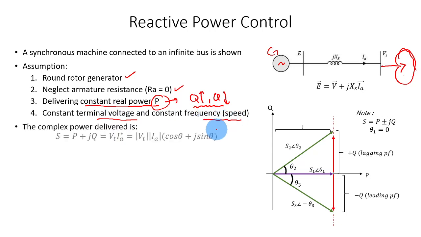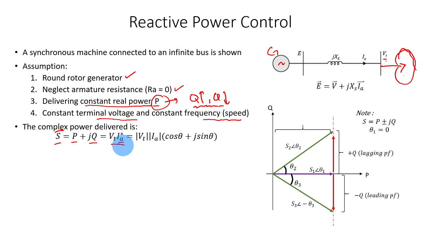As you can see from the basic formula that you have learned before, the apparent power or complex power is equal to P plus jQ. It's a complex value, basically a phasor, and it's also equal to V, the terminal voltage, multiplied by the armature current conjugate.